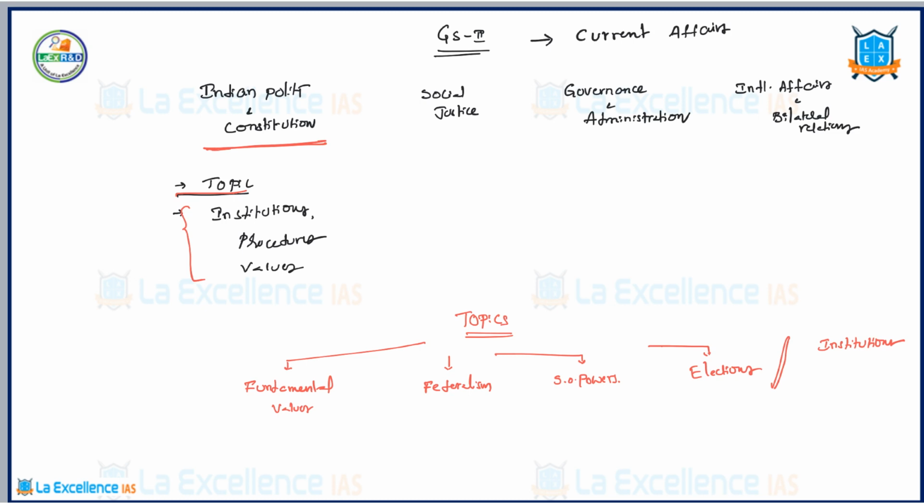The German Weimar constitution and the Australian constitution also contributed. There are many things we have borrowed from many places. So we need to understand the Indian constitution and its working from a comparative perspective, that is, a comparative understanding of the Indian constitution vis-a-vis other countries.